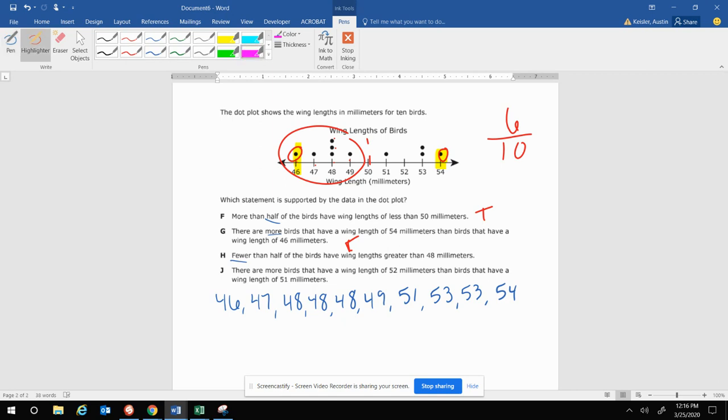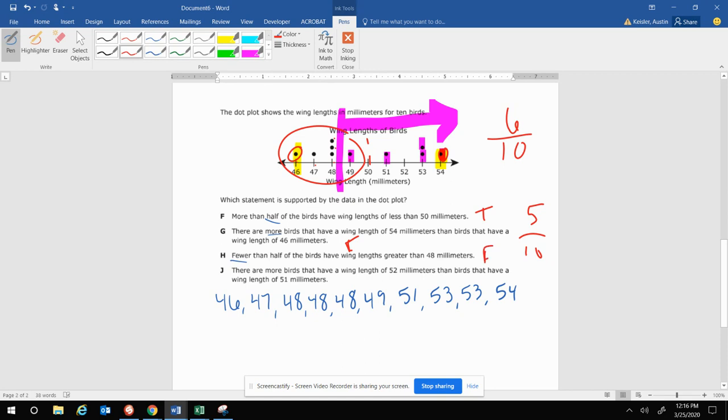Well, 48 is right here. So if I look at everything greater, I'm looking at 1, 2, 3, 4, 5. Well, we already said it's out of 10. 5 out of 10 is not fewer than half. That is exactly half, so that's going to be false.